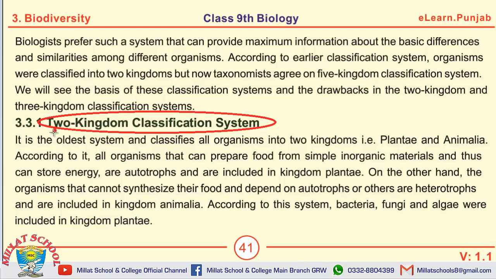According to this system, the organisms are divided into two kingdoms, and those kingdoms are Plantae and Animalia. According to this system, all organisms are divided into autotrophs, and those were in kingdom Plantae, and the animals which were not autotrophs but heterotrophs were included in kingdom Animalia.